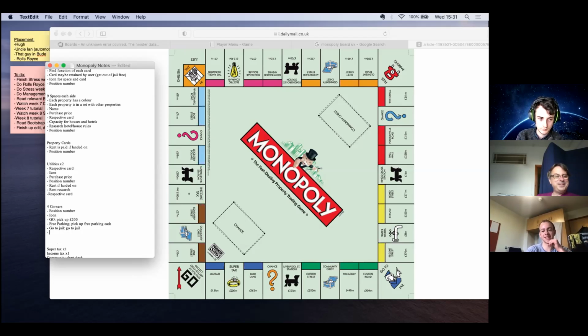Might want to elaborate on the jail space a little bit as well. Well, that's the go to jail card, so that's all right. It's the other one that's the problem, isn't it? In jail / just visiting. What would we call that one?